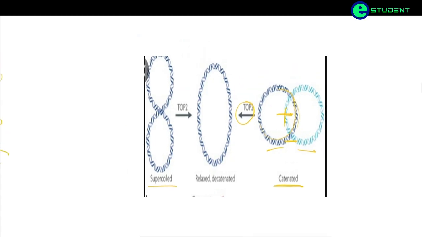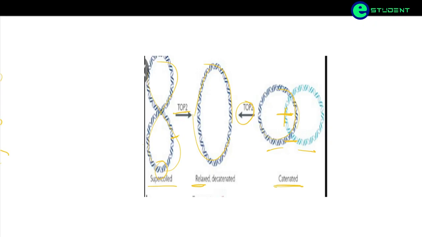Whereas here, when there is a supercoiled DNA, topoisomerase cleaves only one strand of DNA. This is a double strand of DNA, and topoisomerase just cleaves one strand, and then this DNA gets relaxed in this fashion.